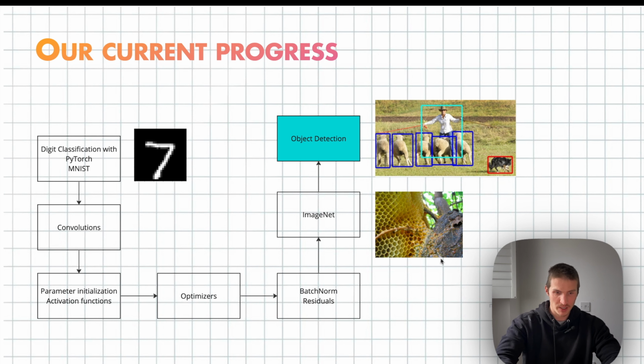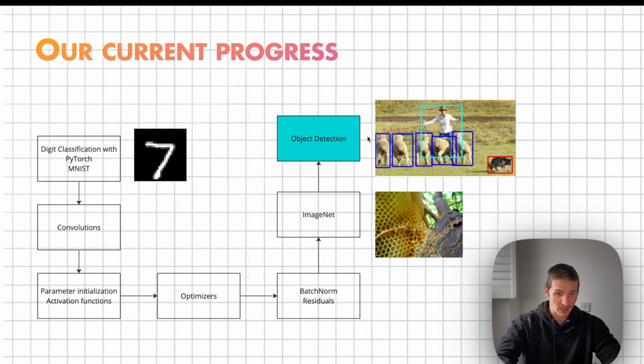And then we trained our own ResNet model on the famous ImageNet dataset to classify images. So ImageNet is now high resolution, a lot of images, 150 gigabytes of data, and we were able to do that. Now we move on to a slightly more challenging task called object detection.